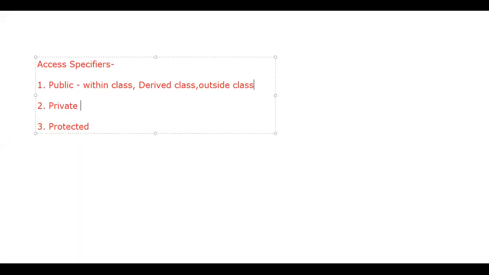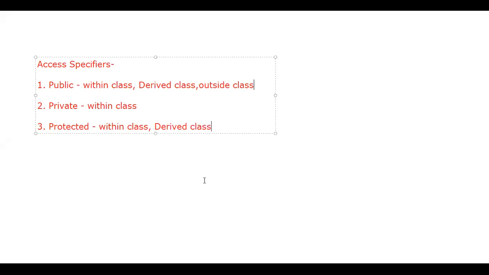Next, with respect to the private access specifier, the data is available only inside the class, within the class. And the next one, with respect to protected, that data is available within the class and the derived class. So this is the actual scope with respect to all these specifiers.